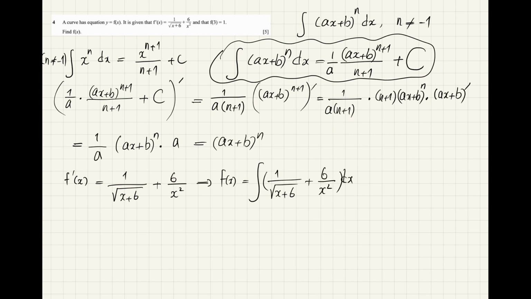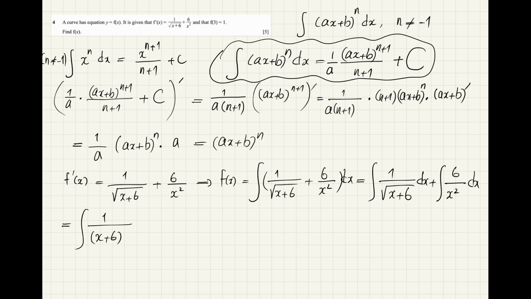But of course, I can split this integral into two pieces, the integral of the first bit plus the integral of the second bit, yes? Then I can write the integrand in the first integral to be (x + 6) to the power of 1/2.